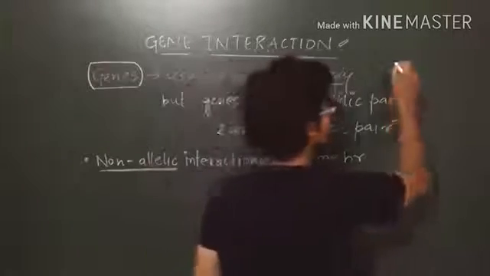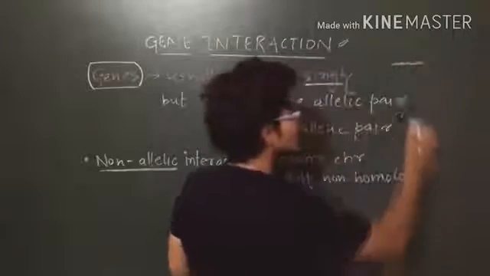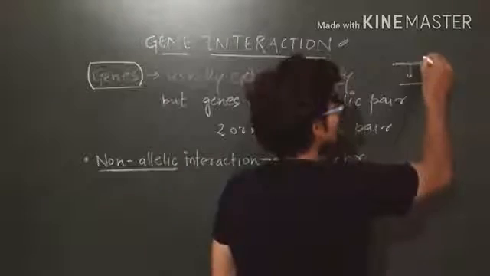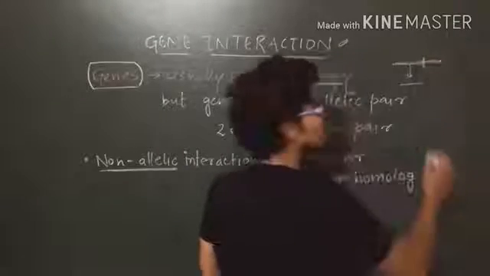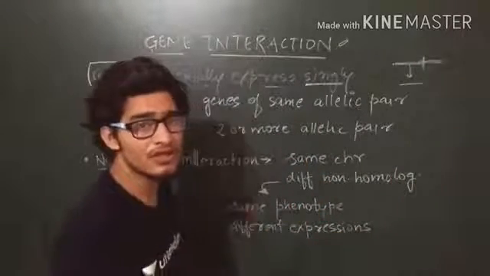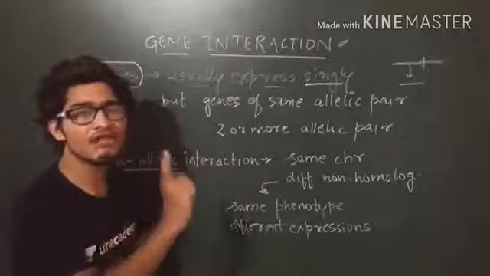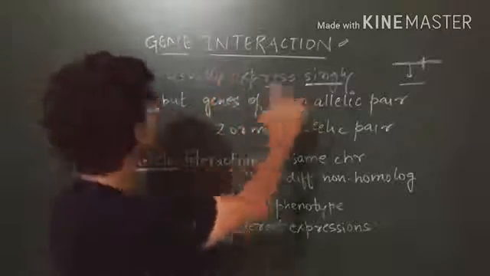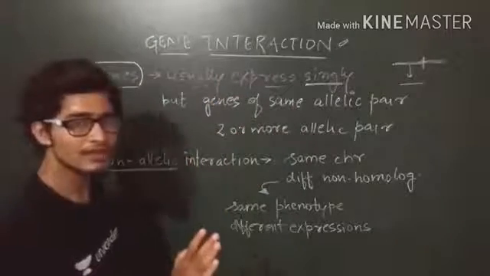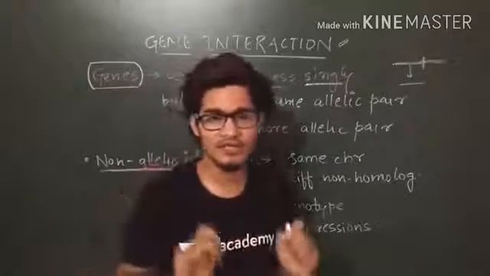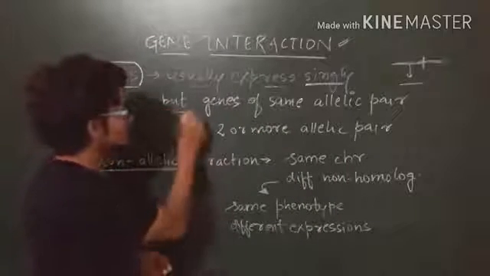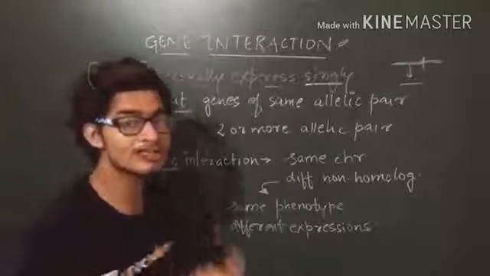If this is a single gene, it will give a single expression, and if there is another gene just adjacent to it, it will give another expression. So one expression is given by one gene. It means that one gene usually expresses singly. A gene gives only one expression, but in some cases there are some exceptions.